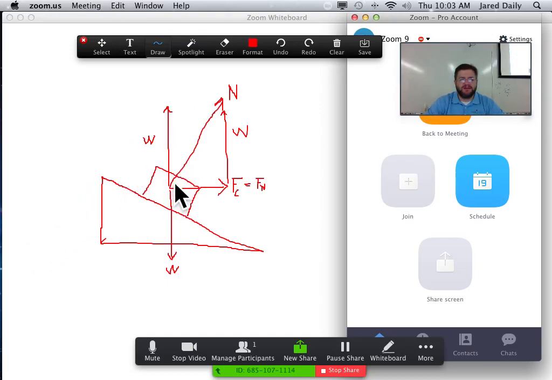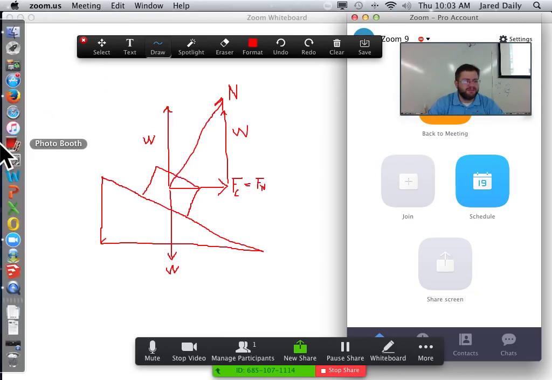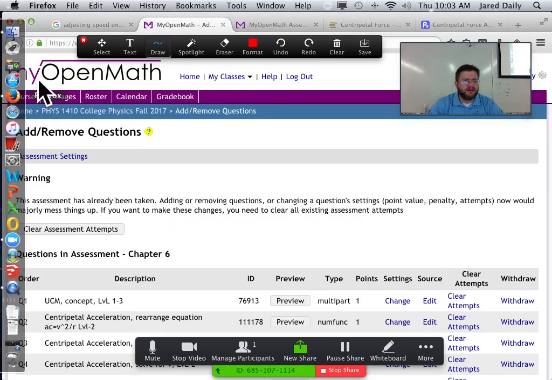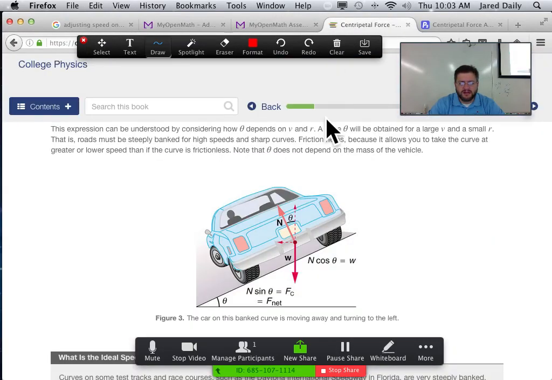So this, the normal here and the weight here. Shoot, I'm still not seeing it right. They've got to go the other way, but it's the normal and the weight.